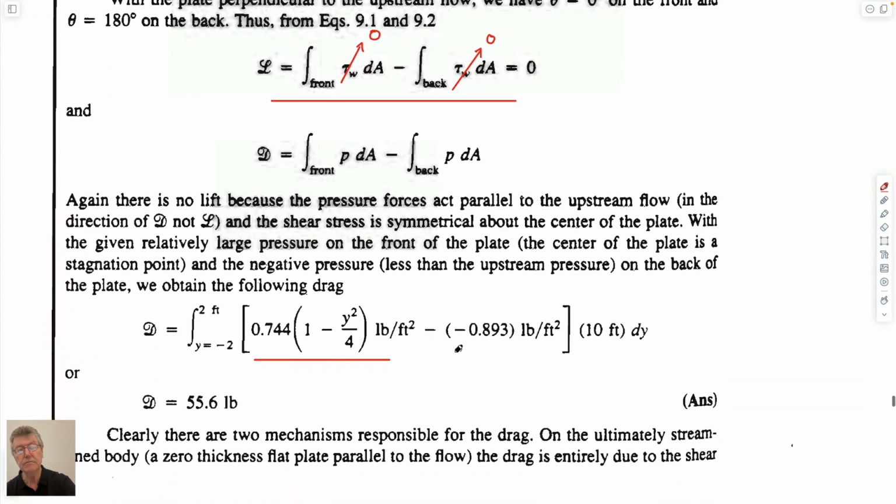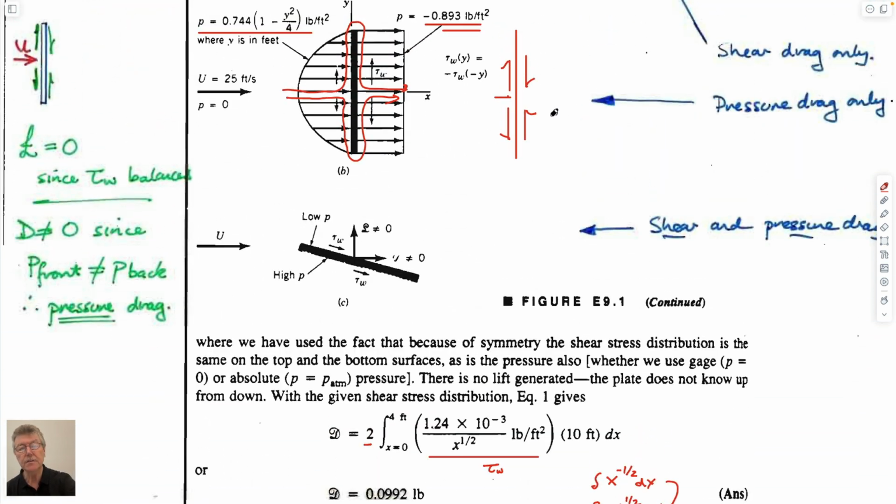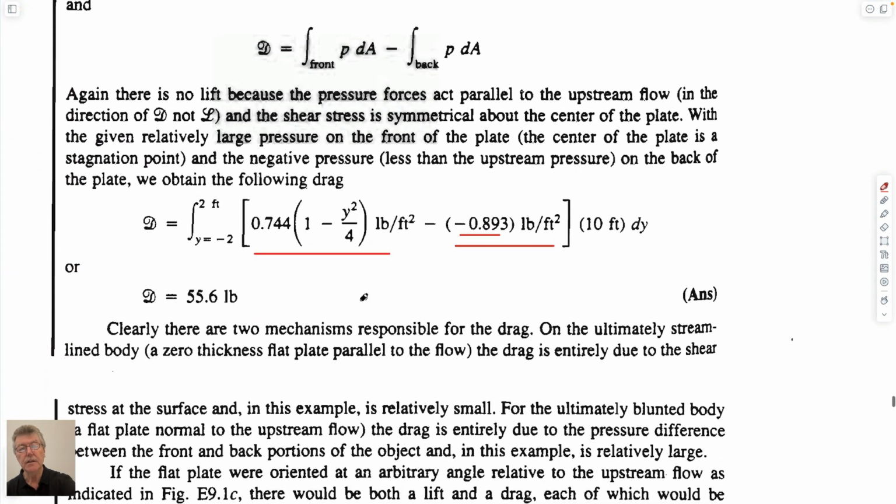So this is just a constant. This one is negative because it's below gauge pressure, but negative minus a negative, because we're resolving in this horizontal direction, just from the sign convention. So this becomes a positive because of these two components here. So these become additive to each other, as you'd expect just from the geometry that we have.